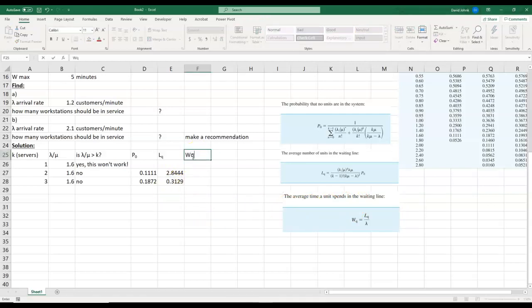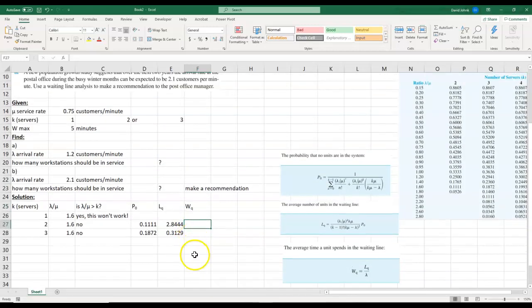There's a difference between, once we just recently had a presidential election, right? A lot of people had to wait in line. Once you get into the start voting, you're not so upset. But this is just waiting in line. Waiting in the system would be waiting in line and voting, right? But W sub Q is just waiting in line before you vote.